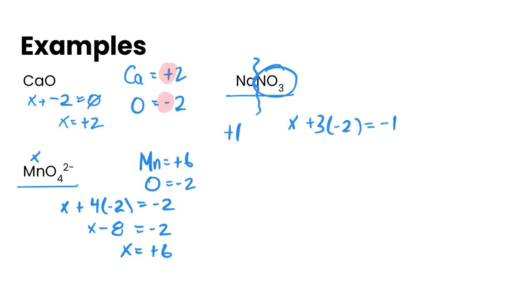We know that needs to add up to -1. And if we did that math, that would give us +5. So sodium here would be a +1, nitrogen would be a +5, and then oxygen would be a -2. So that's how we go through and we assign oxidation states or numbers.